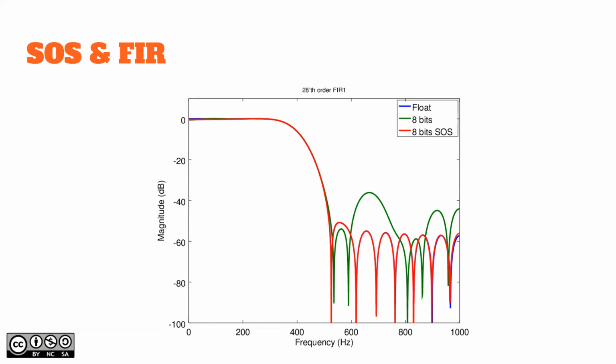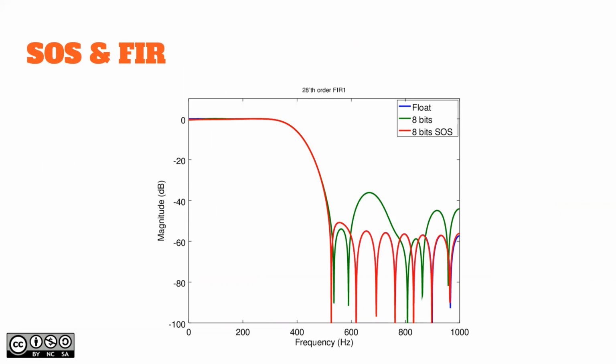Here's an example of the SOS when you have an FIR filter. The blue line doesn't show up because it's actually behind the red line. That's the original double precision floating point filter coefficients magnitude response.